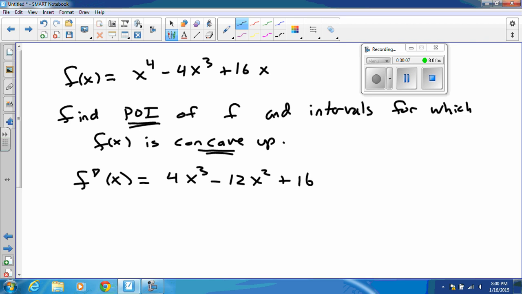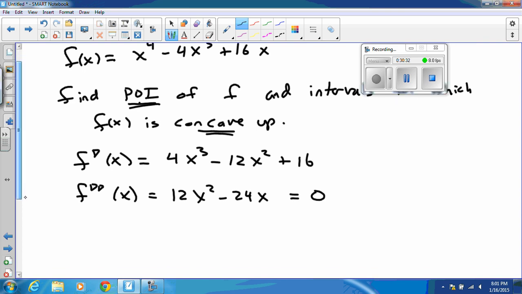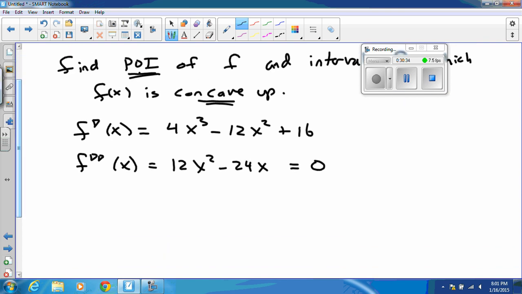And because we're looking for points of inflection and concavity, we know that that information will be found in f double prime. And so we immediately compute first f prime, which is 4x cubed minus 12x squared plus 16. And then we compute f double prime, which is going to be 12x squared minus 24x.